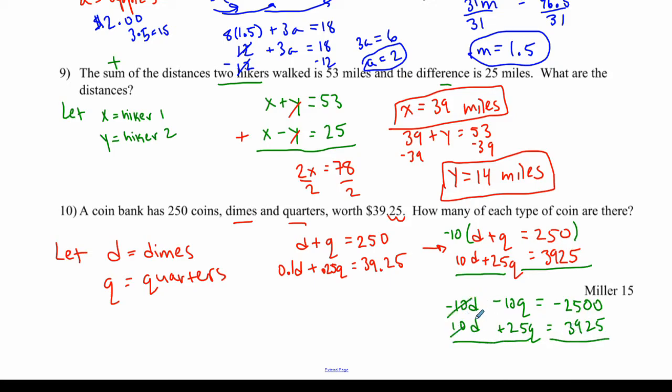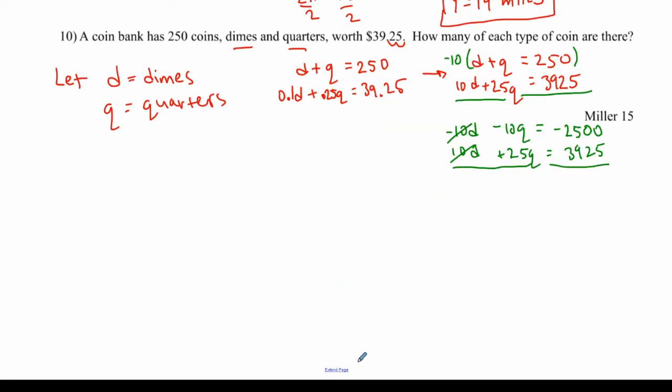So our dimes cancel, giving us negative 10Q plus 25Q, or 15Q, and negative 2,500 plus 3,925.